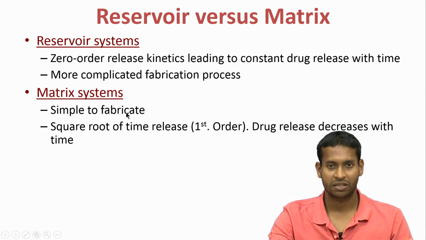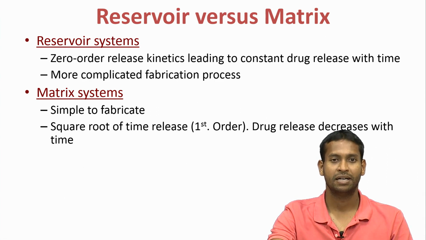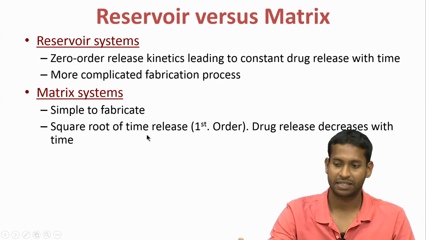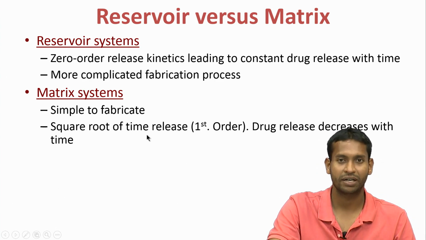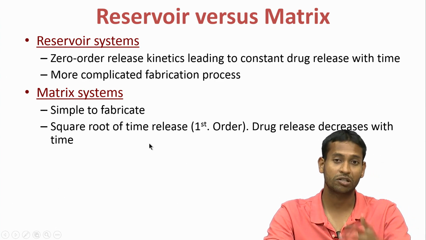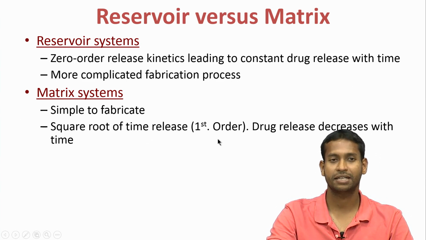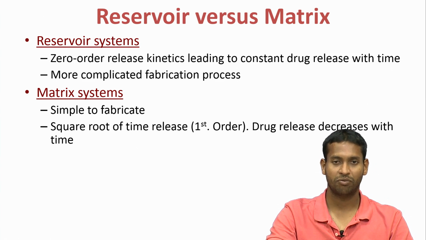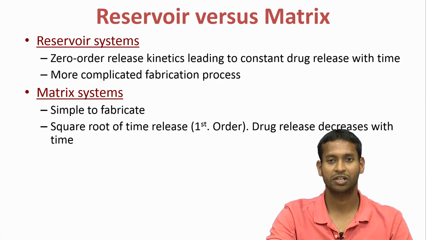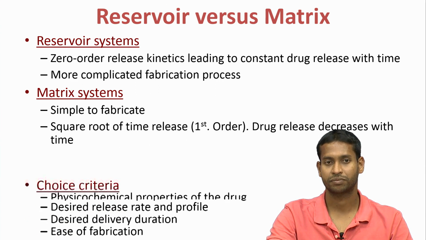All you have to do is mix things together and polymerize. However, the release rates are typically not zero order. The drug release decreases over time, mostly following first order or higher order kinetics, and so it is very difficult to monitor how much drug has been released from a system if a clinician has to look at that.